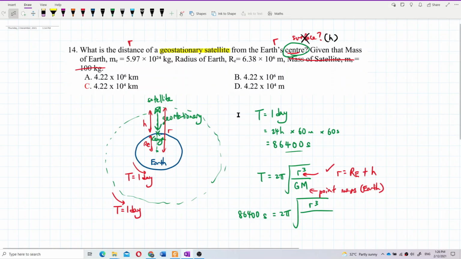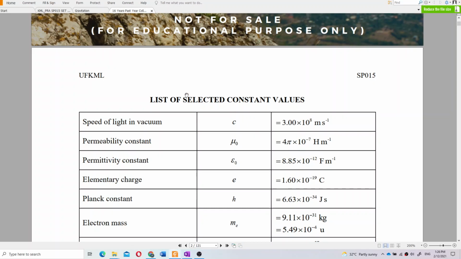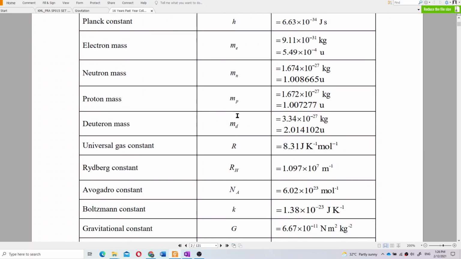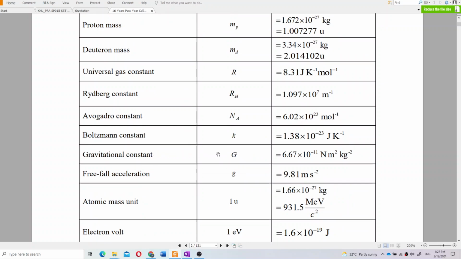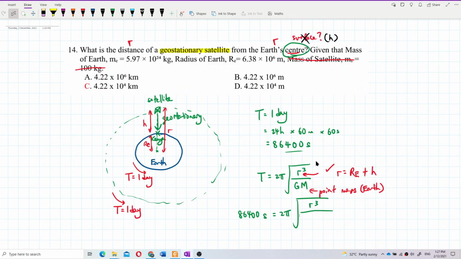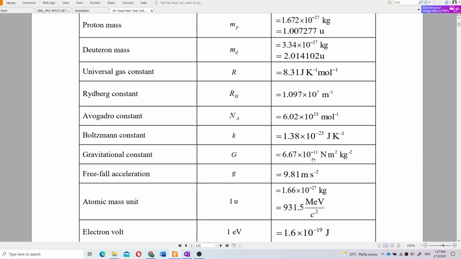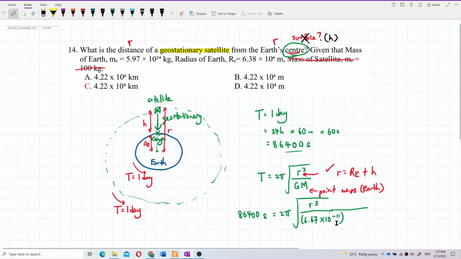You can find the G value from a list of constants. The gravitational constant is 6.67 exponent negative 11.